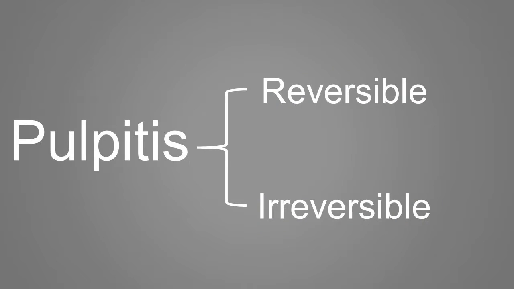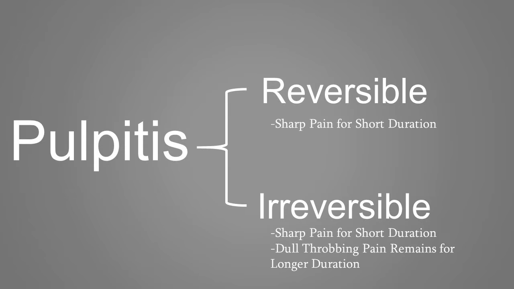When we look at pulpitis, we classify it as either reversible or irreversible, and the names themselves may already be giving you an idea as to what they involve. In reversible pulpitis, pain is present during stimulation such as cold testing or percussion testing, but this pain is sharp and usually of short duration, generally only a few seconds.